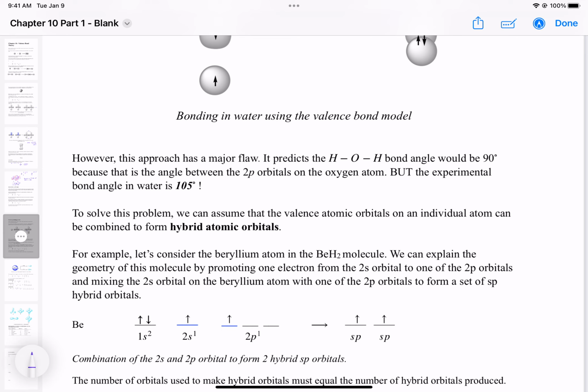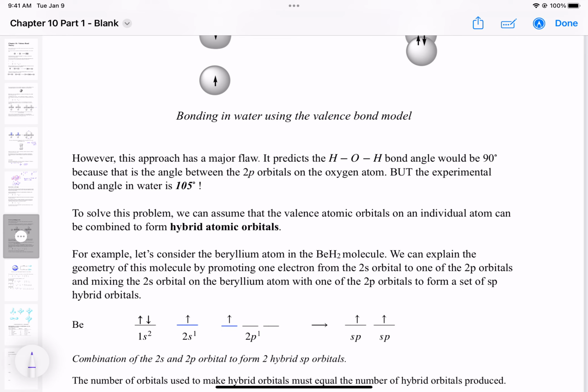It's best to consider that these orbitals, instead of bonding directly as their atomic orbitals, can make a hybrid of orbitals that give better shapes. Oxygen is a bad example to go over though, so we're going to use a different example first.